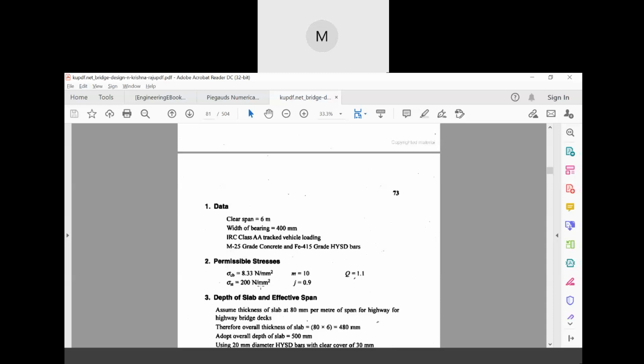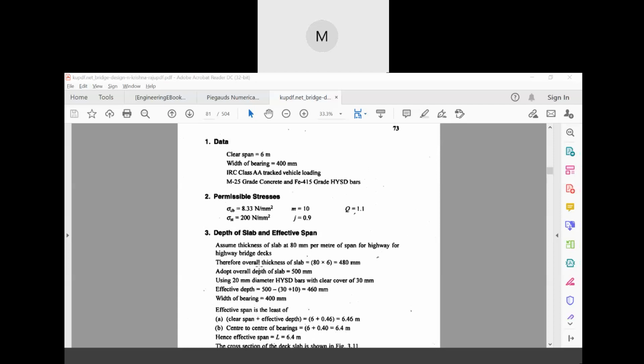From table 3.4, we'll be getting these values. Sigma st, sigma cp, for M25 grade and Fe415 HYSD bars. That means Fe415 and M25, the values are given in this table 3.4.